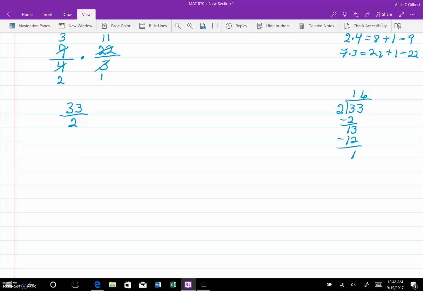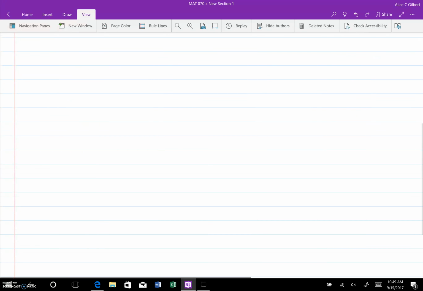That leaves us with 1. So our whole number is 16, the leftover 1 becomes our new numerator, and our denominator always stays the same. So this is our final answer, 16 1/2.